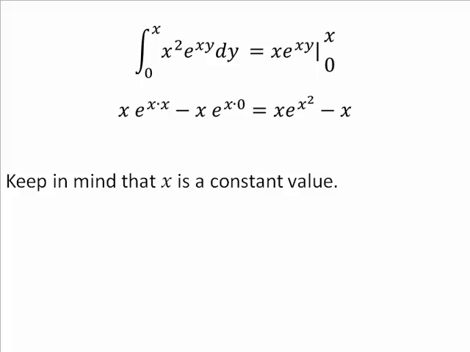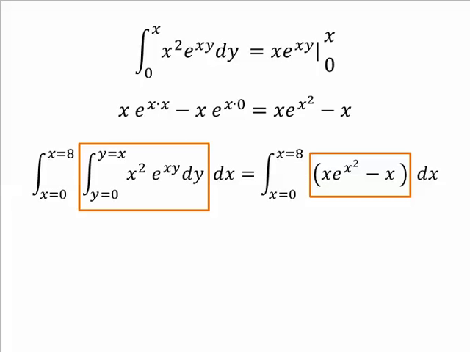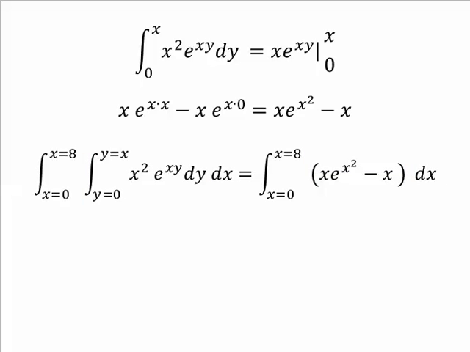I'm going to put this information into my double integral. So remember, I had a double integral, and instead of the innermost integral, I just put in x times e to the x squared minus x. So my job now is to just integrate with respect to x.